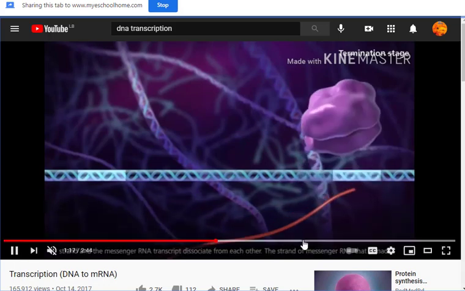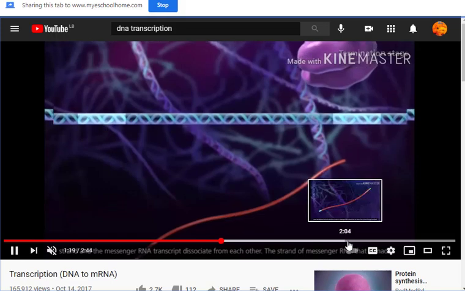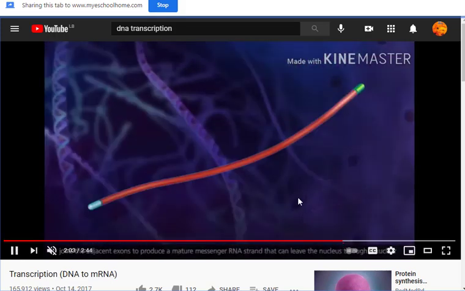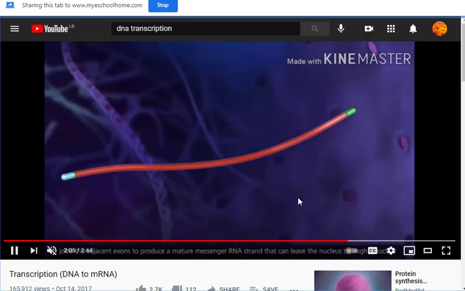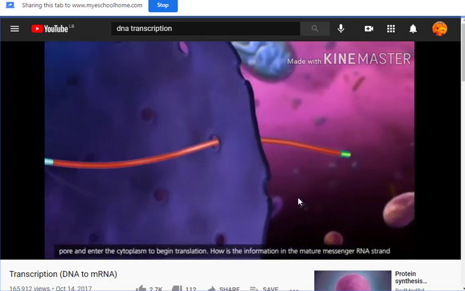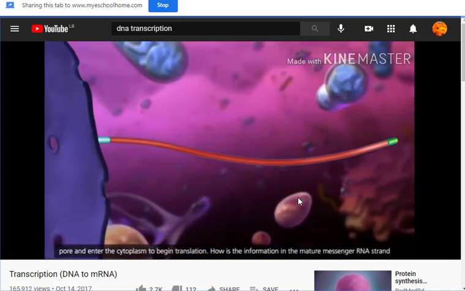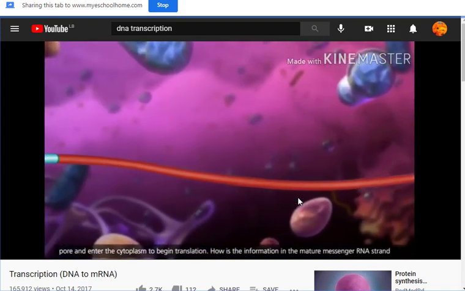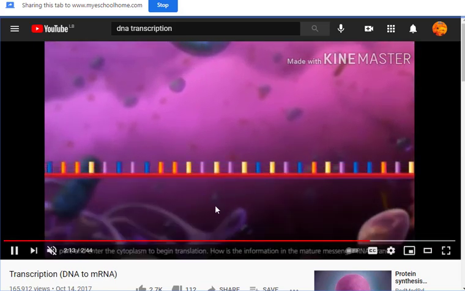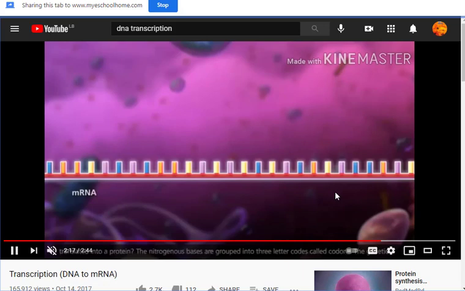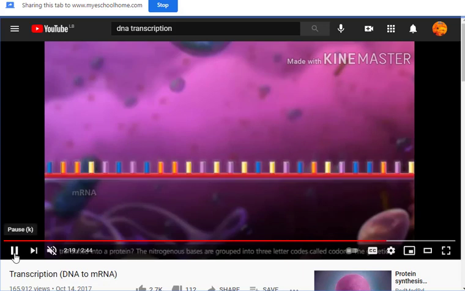Now I will stop, and the messenger RNA is ready to be used in the cytoplasm to build the protein.